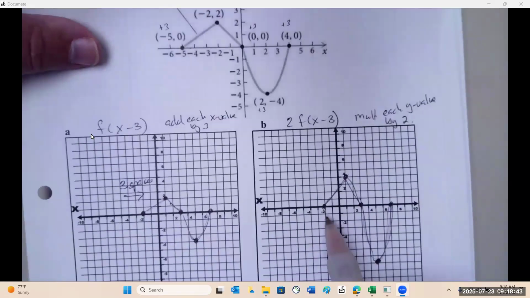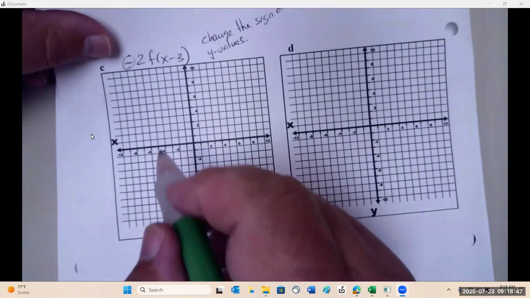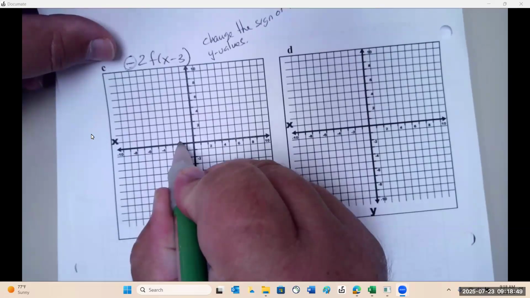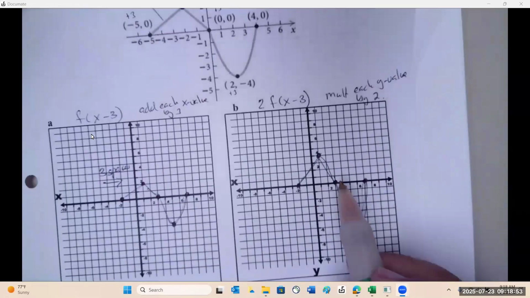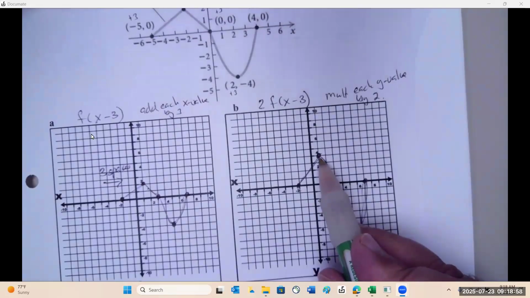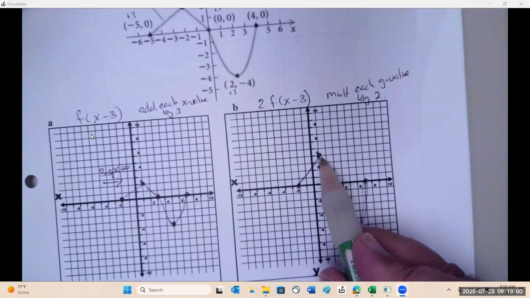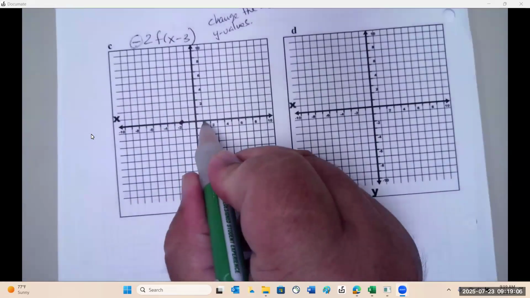So for the first one, it's at negative 2, 0. It stays the same at negative 2, 0. Then I have 1, 4. It becomes what? It becomes 1, negative 4.